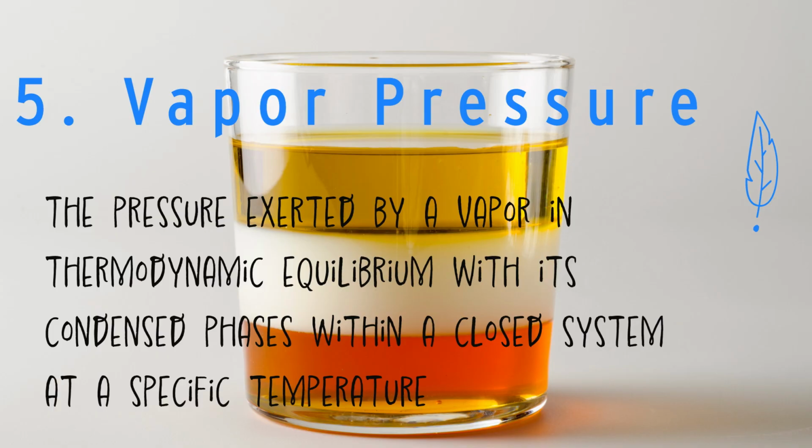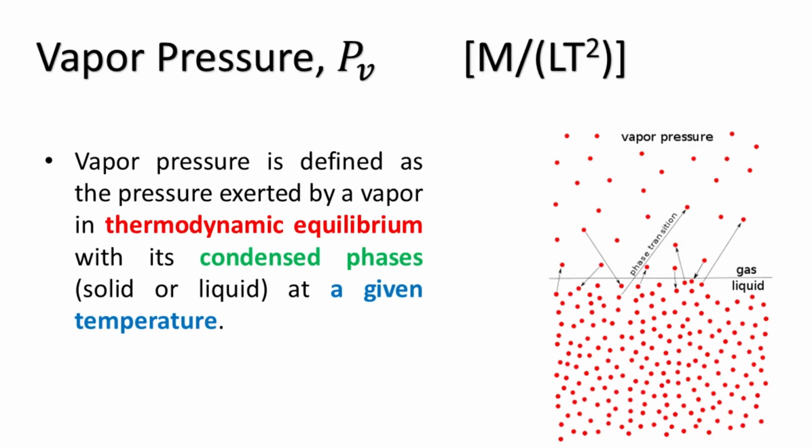5. Vapor pressure. Vapor pressure, also known as equilibrium vapor pressure, refers to the pressure exerted by a vapor in thermodynamic equilibrium with its condensed phases, whether solid or liquid, within a closed system at a specific temperature. This equilibrium vapor pressure serves as an indicator of a liquid's inherent thermodynamic inclination toward evaporation.